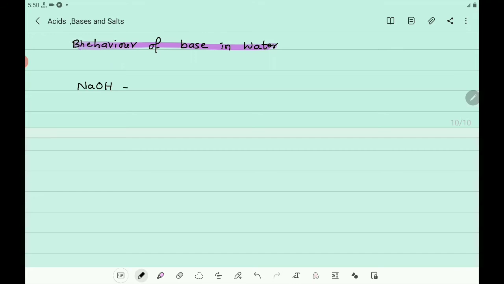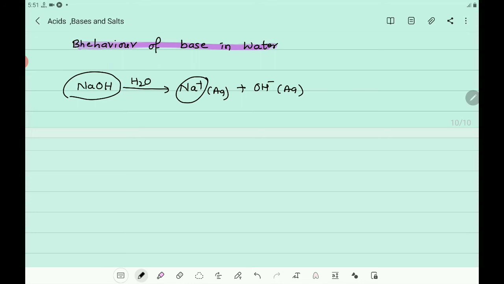NaOH is a solid, and when it is dissolved in water, gives Na plus aqueous plus OH minus aqueous. NaOH produces cation, that is positive ion Na plus, and hydroxide ion, that is OH minus aqueous.